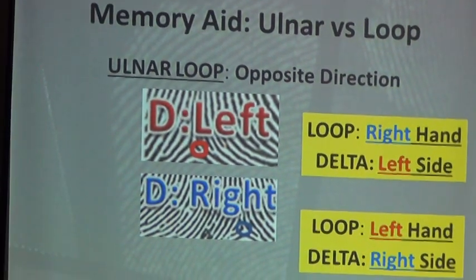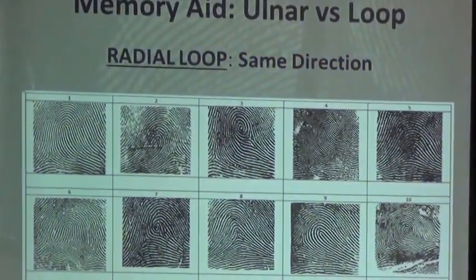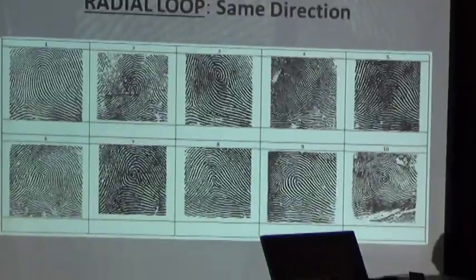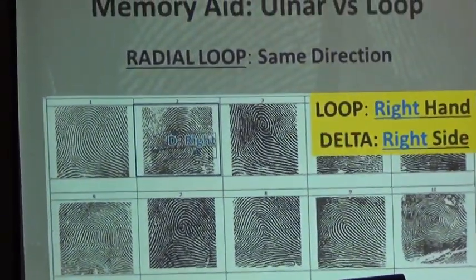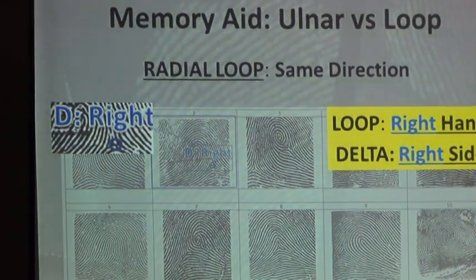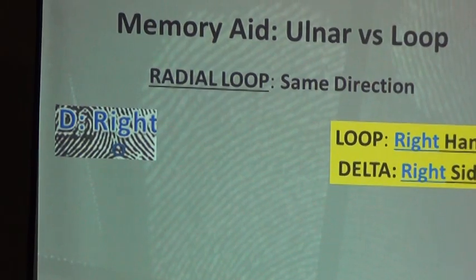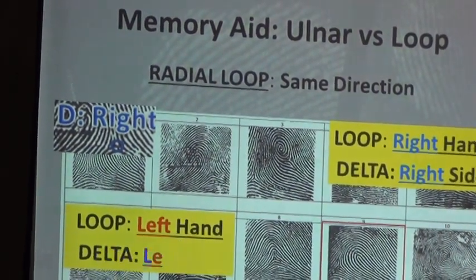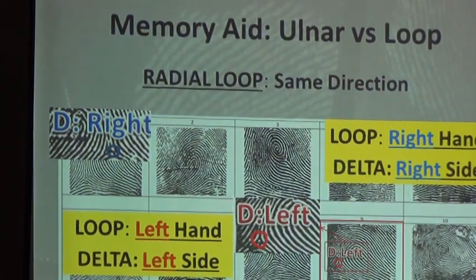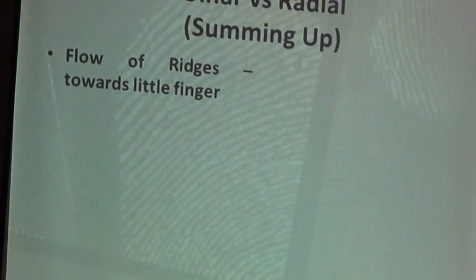What about radial? Same direction, the concept of same direction. So if it is on the right hand, the delta is on the right side. If it is on the left hand, the delta also is on the left side. To summarize, we have here the difference between ulnar loop and radial loop.